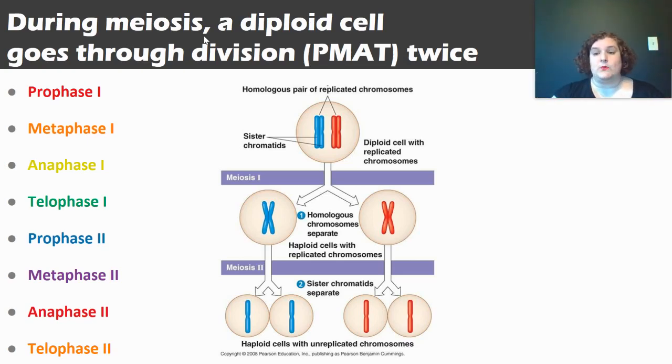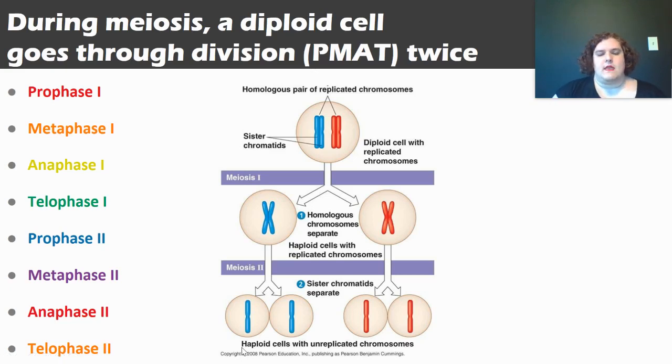except you're going to end with 4 cells, which makes sense because you're dividing twice, and you're going to end with half the amount of DNA. So half of the DNA gives you the haploid cell. Okay?